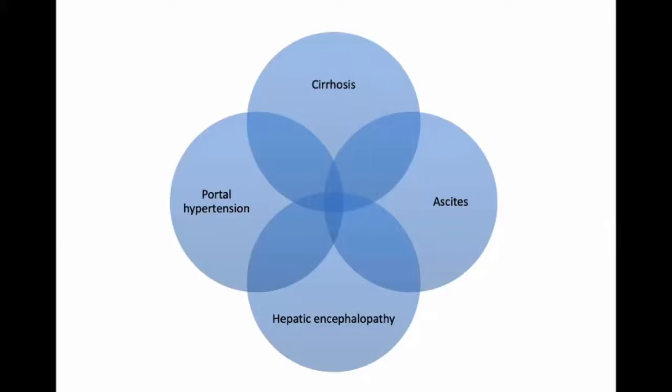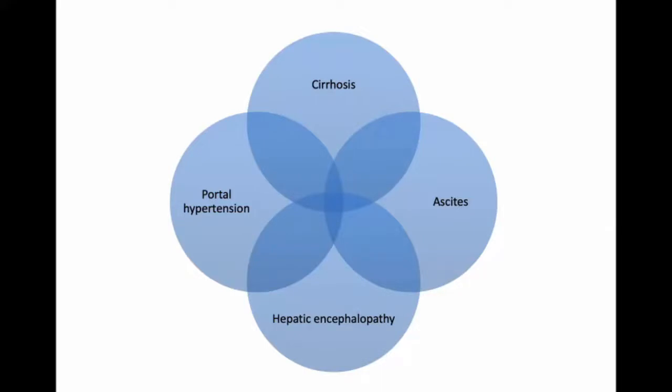So what this means is you can have cirrhosis without the other three. You can, for example, have ascites due to other causes, not portal hypertension or cirrhosis. You can even have hepatic encephalopathy due to other causes without any cirrhosis. So these four entities are individual entities, but they frequently happen together, because cirrhosis is the end stage of many liver diseases.